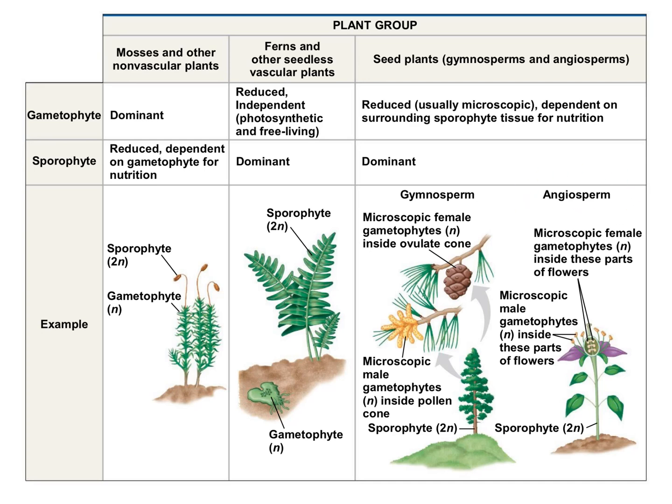In gymnosperms and angiosperms, the dominant stage is the sporophyte, so the diploid stage is the sporophyte, and the gametophyte is very small, microscopic, so you can't really see it because those are just going to be the cells, the sperm and the eggs, that are present within plant parts.